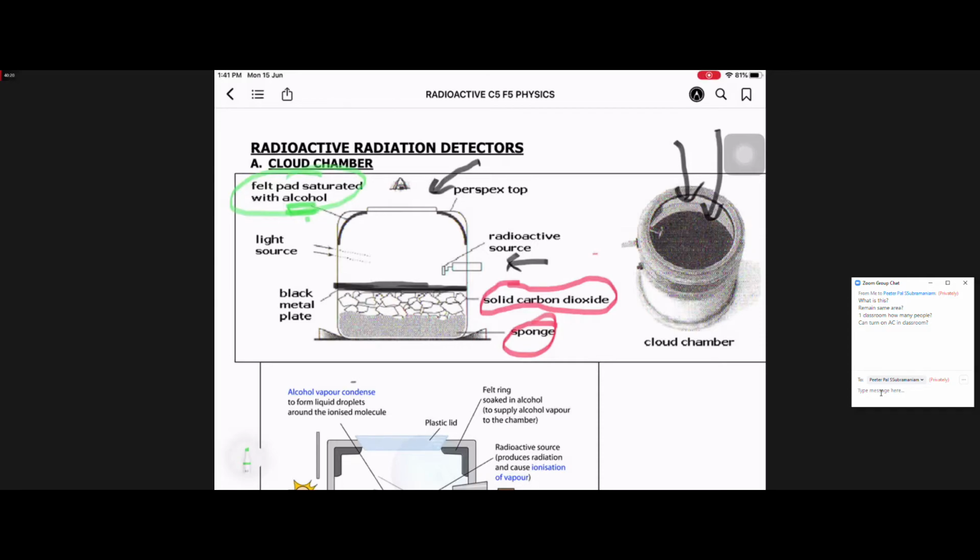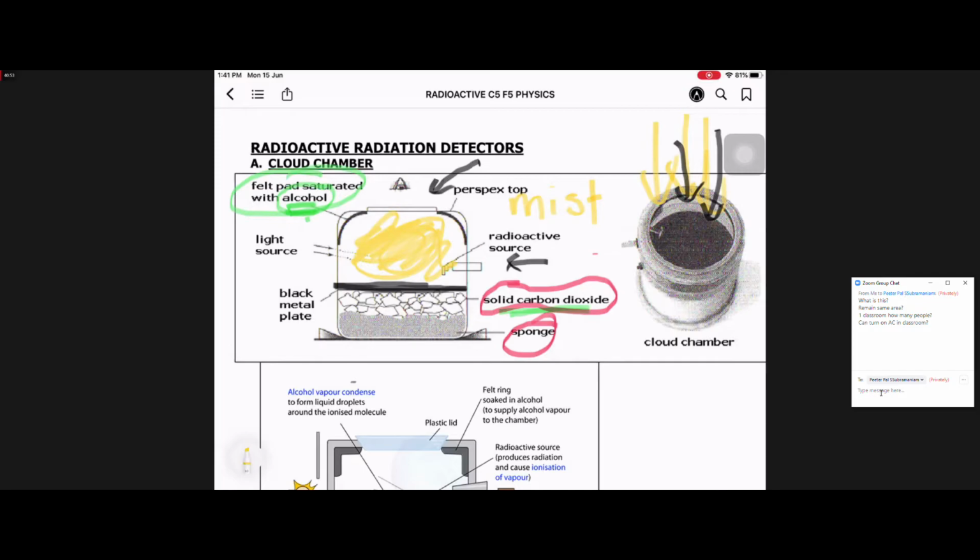The whole objective of having the solid carbon dioxide and the alcohol is to create vapor inside here, a thick vapor like a mist. So when you see from the transparent window on top, inside looks totally like a mist.